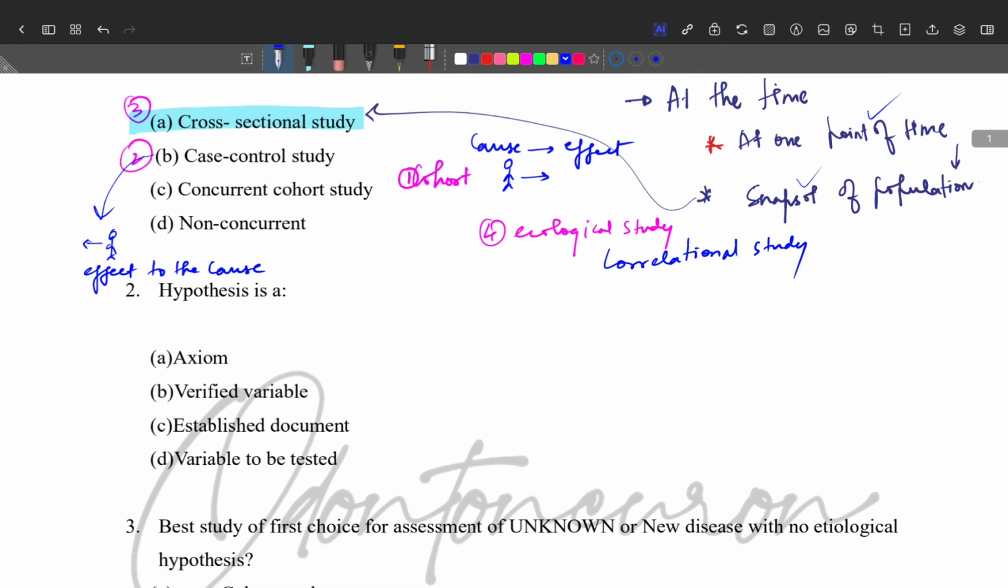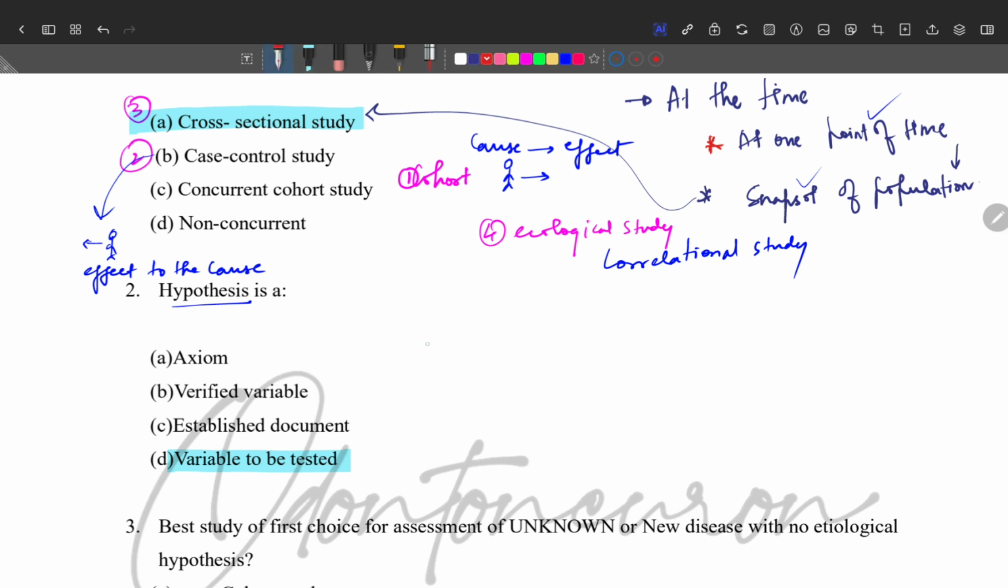So this is a brief thing about the question and the different kinds of answers. Now with this, we'll go to the next question in the row. The next question is about hypothesis. What is a hypothesis? The answer is that a hypothesis is nothing but a variable which is to be tested.